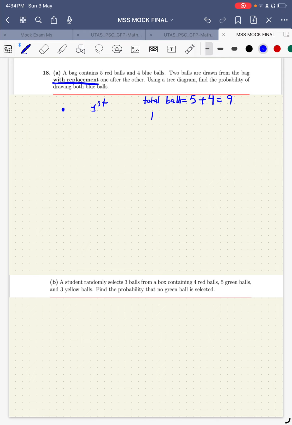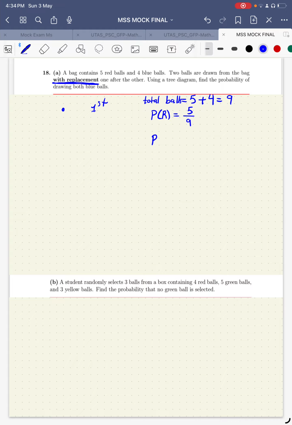Now what is the probability of getting red? ايش احتمال انه يطلع لنا حمراء؟ Remember, the probability is the favorable outcome divided by the total outcome. So how many red do I have? كم كورة حمراء عندي؟ 5. So 5 تقسيم العدد الكلي هو 9.